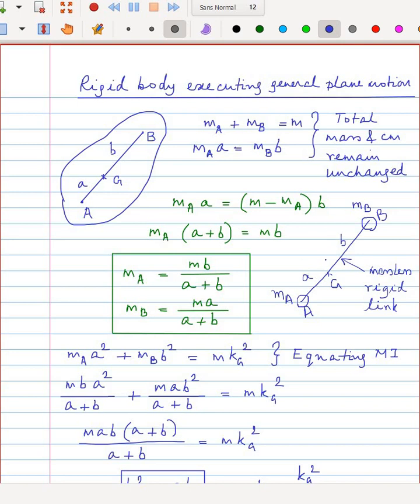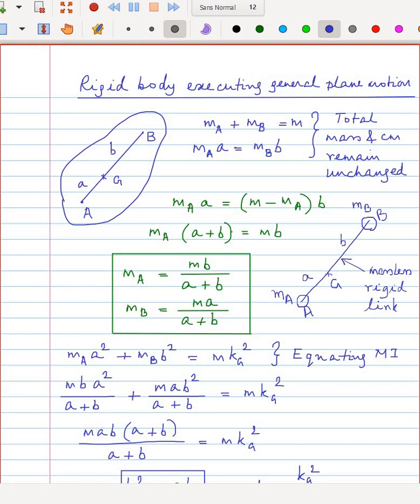So that ensures that the total mass is same and the center of mass is also at the same place. Now if you do a little manipulation, then you get MA as this and MB as this.